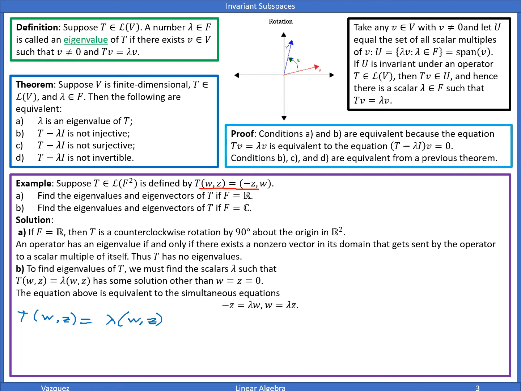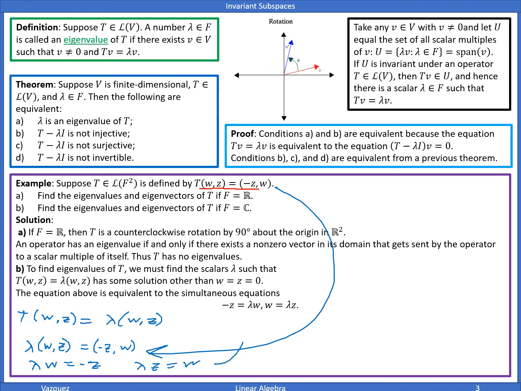And what does our transformation from over here do? It maps it to (negative z, w). So that's why we need lambda (w, z), which is just negative z equal to lambda w, and lambda z equal to w. And that's how we get these two equations.